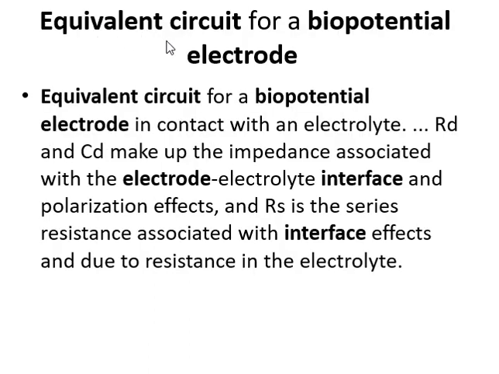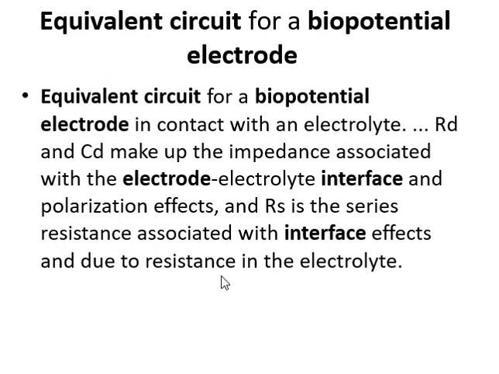And the next topic is equivalent circuit for the biopotential electrode. Equivalent circuit for the biopotential electrode in contact with the electrolyte. RD and CD make up the impedance associated with the electrode-electrolyte interface and the polarization effects. And RS is the series resistance associated with the interface effects and due to the resistance of the electrolyte.